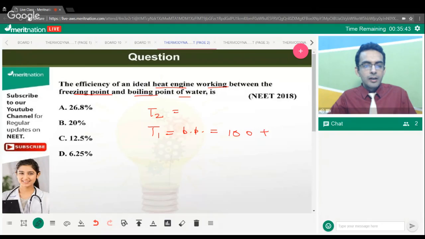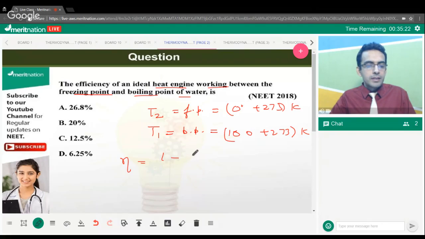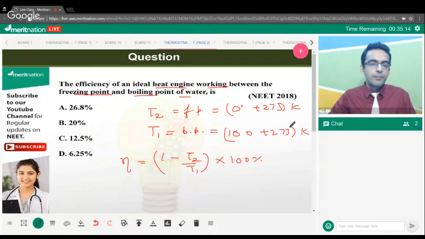Okay. 100 plus 273 in kelvins. What is T2? It's the freezing point, and that is equal to 0 degrees Celsius, and 0 plus 273. This is the T2. Okay. So eta is equal to 1 minus T2 over T1 into 100%, right?